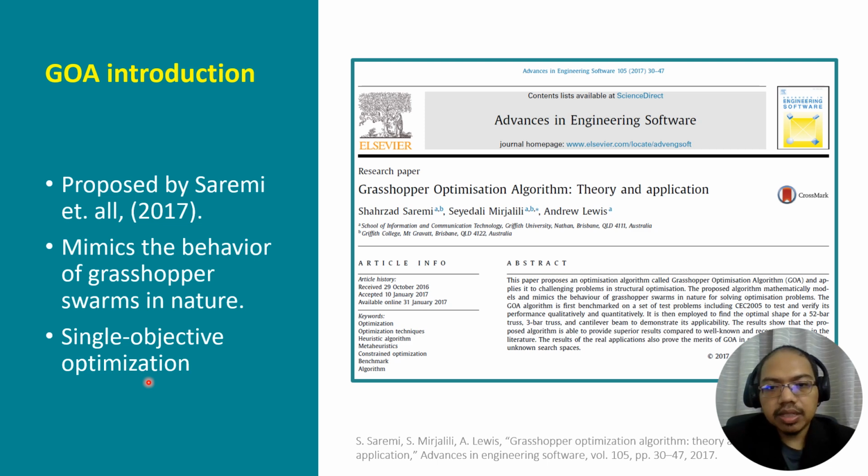So it mimics how the grasshoppers move in a swarm, and based on this movement the researchers produced an algorithm called GOA. Now during the publication of this paper, the GOA was used for single objective optimizations.